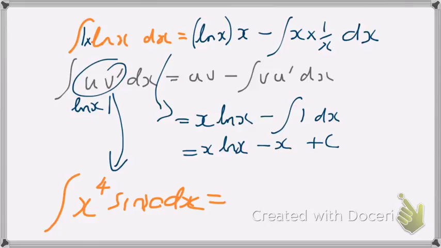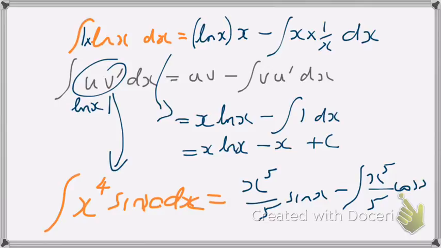And I'm going to purposely make the wrong choice. So I'm going to pick x to the power of 4, and I'm going to integrate it. And so I get that. Sorry, it's getting messy because it's a bit small.